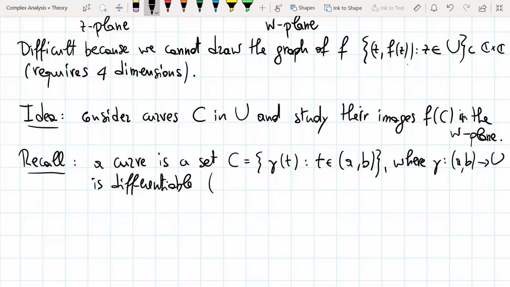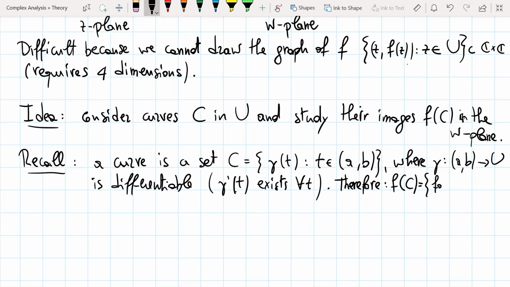This means that the derivative exists at every point, so gamma prime of t exists for all t. And this means that the image f of C is given by f of gamma of t, where t lives in this interval [a, b].